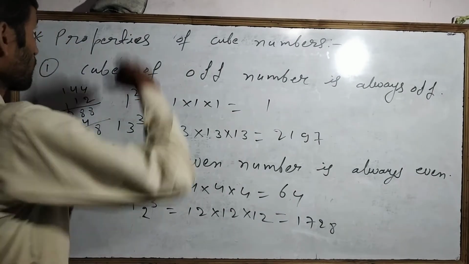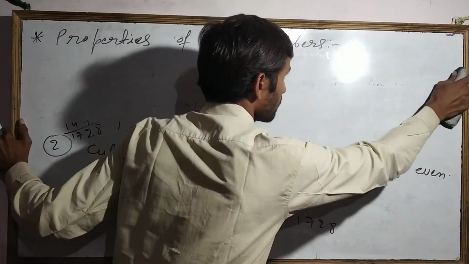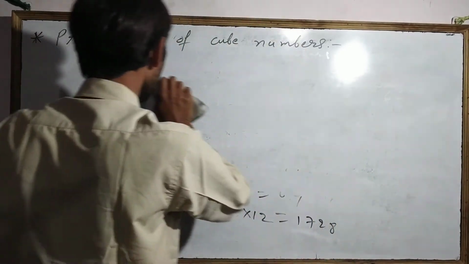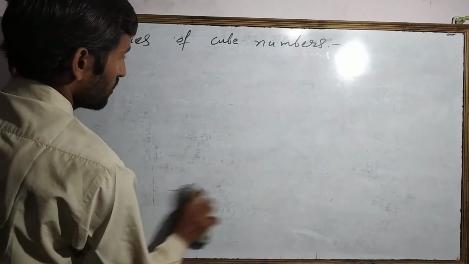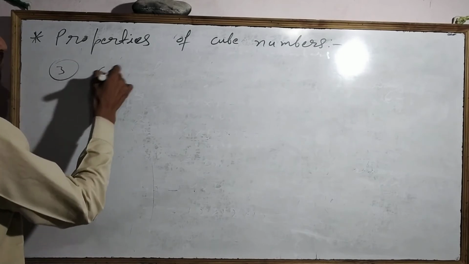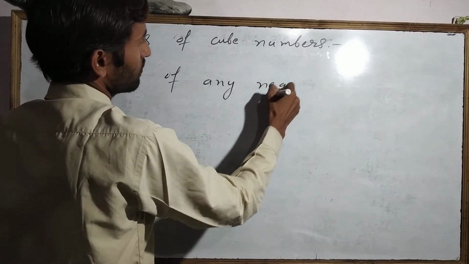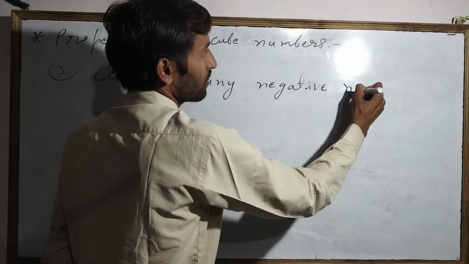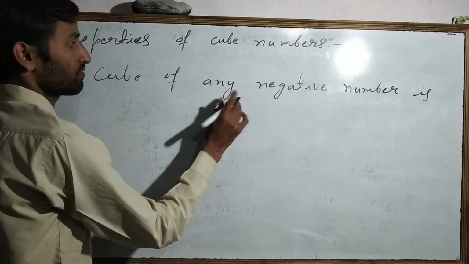The third property: the cube of any negative integer, or you can say negative rational number, is always negative.